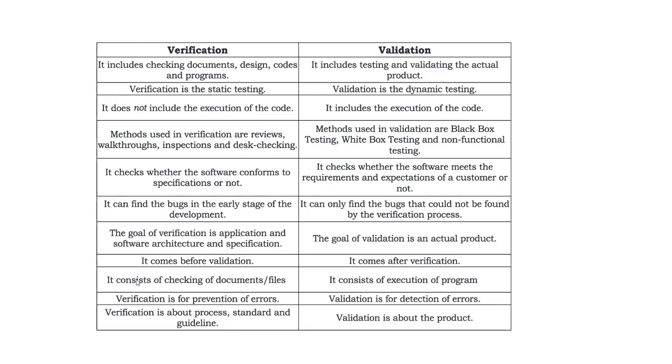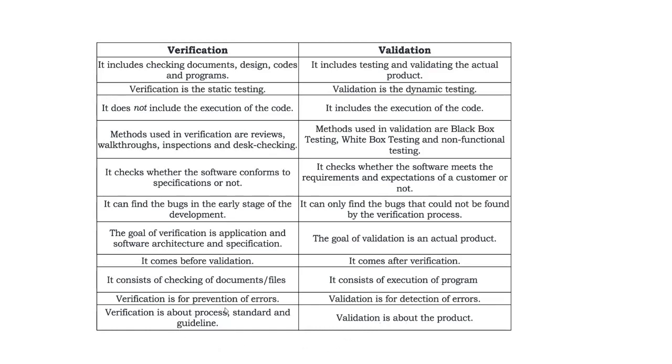Verification consists of checking documents or files, whereas validation consists of the execution of the program. Execution doesn't mean that you will execute code; you will execute the test cases, whereas in the background the code itself is running.